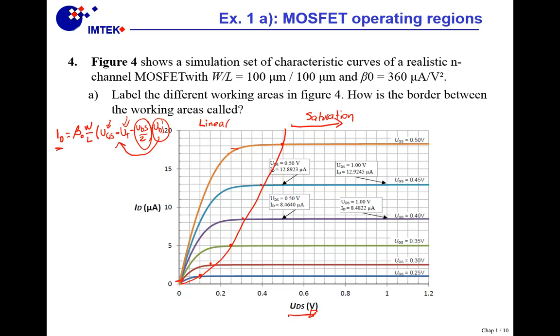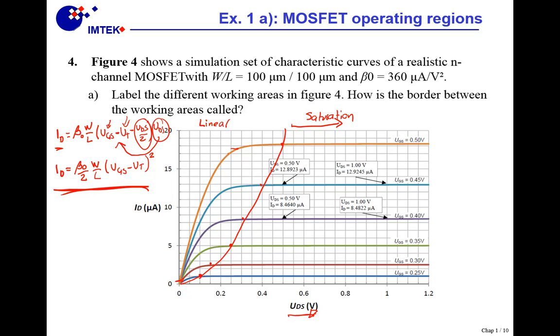Whereas when we look at our formula for saturation, I have to also say that this is, of course, not considering the channel length modulation. And now in this formula, which is the saturation formula, we don't have a UDS term inside.